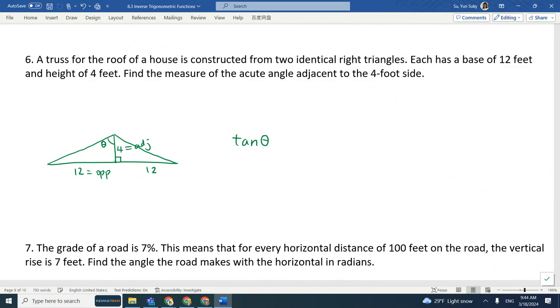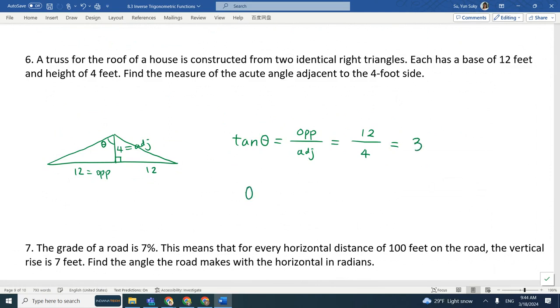Tangent theta is what? Opposite over adjacent. Opposite is 12, adjacent is 4. What is 12 over 4? 3. Yep, good. That's 3.